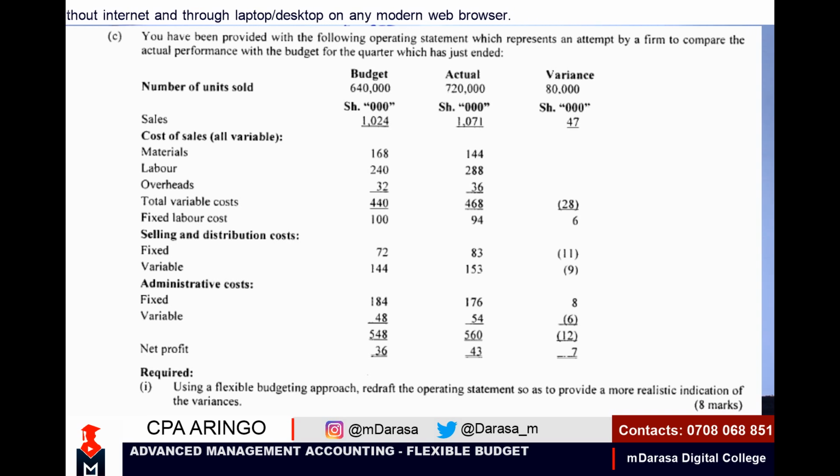Then we are told the number of units sold, budget, and we have the actual. We do have the aspect of the variance. Our sales figure is given at that point. We have cost of sales where all variable materials, labor, and overheads are given, with the total variable cost. Fixed labor cost is also given.